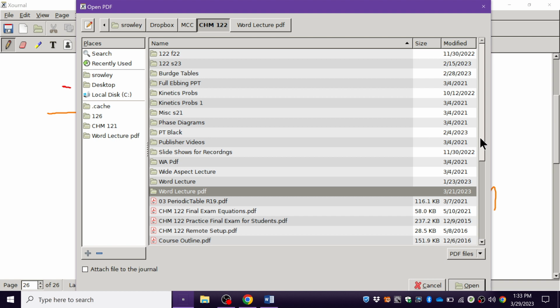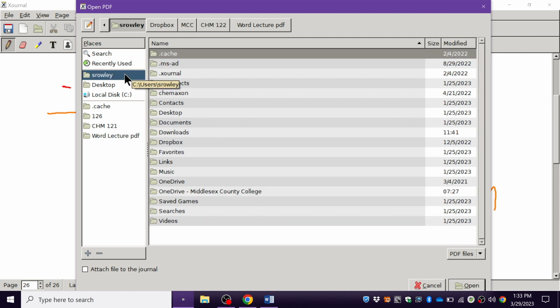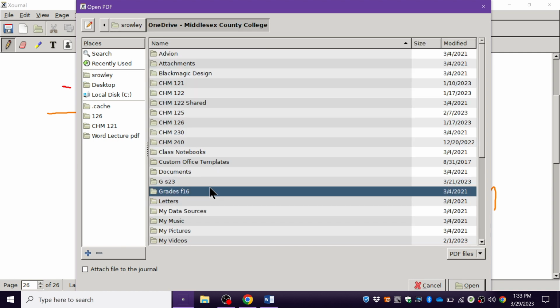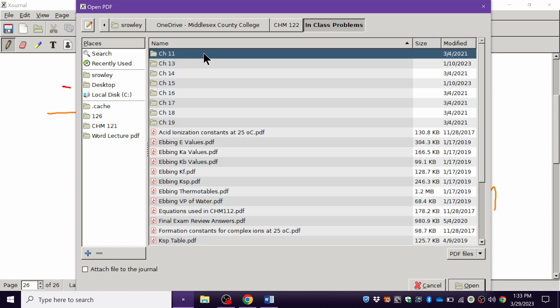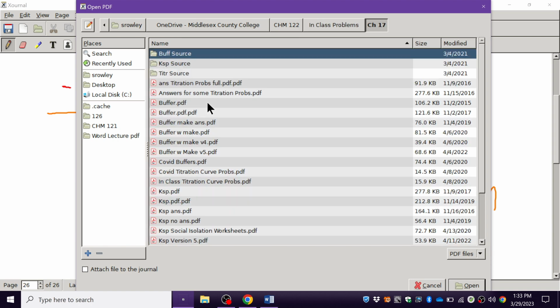I'm going to have to look somewhere else. Somehow, some of my files got messed up. Let's see, chapter 17. There we go.